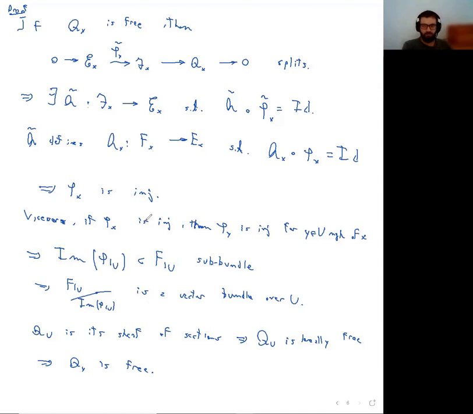We started with the observation that if you have a vector bundle, you take its sheaf of sections, this is always locally free. And then we also proved the vice versa. So vector bundles and locally free sheaves are pretty much the same category. Good.